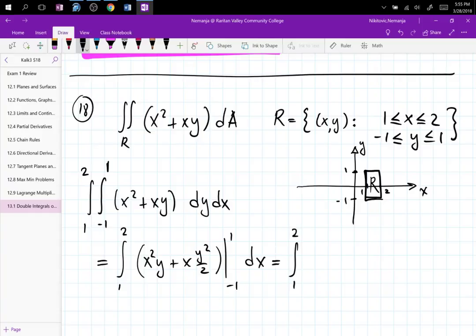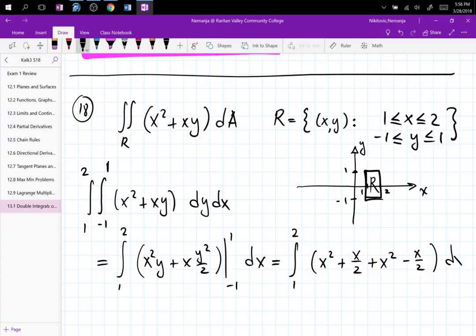Integral 1 to 2. And now you're plugging in these limits for y's. So that's x squared plus x over 2. And then you plug in negative 1 for all y's. But then it's going to be negative in the formula. So another plus x squared. And then minus x over 2, because the square kills the negative. Okay, good.